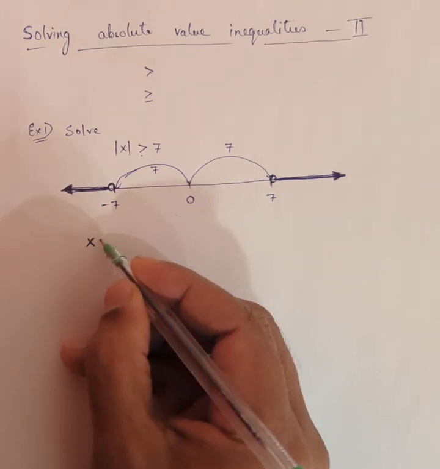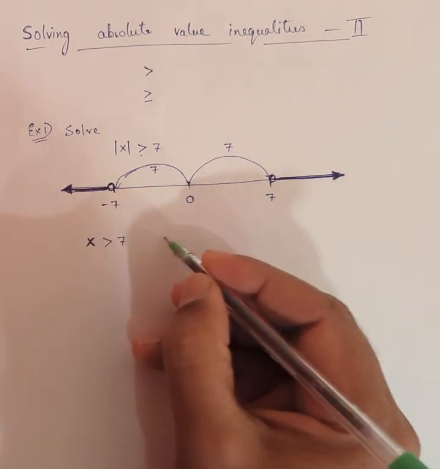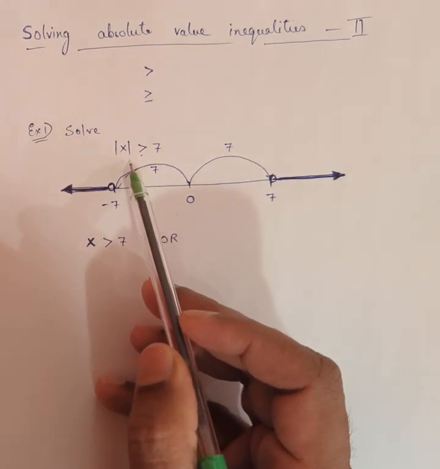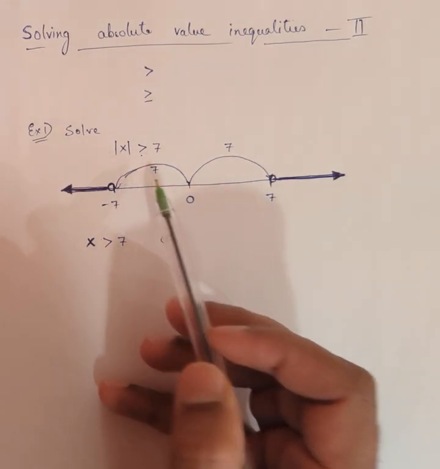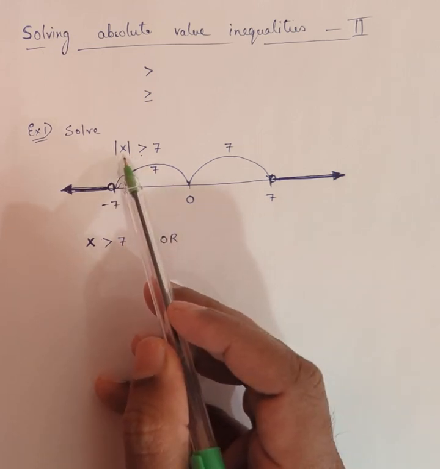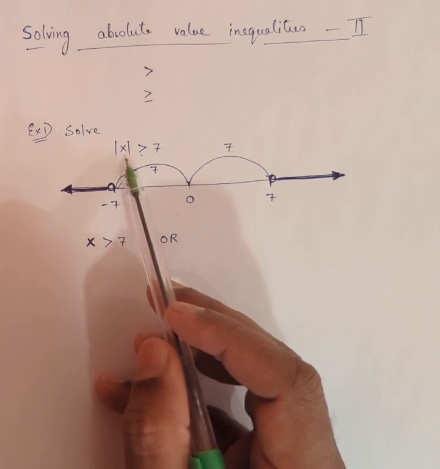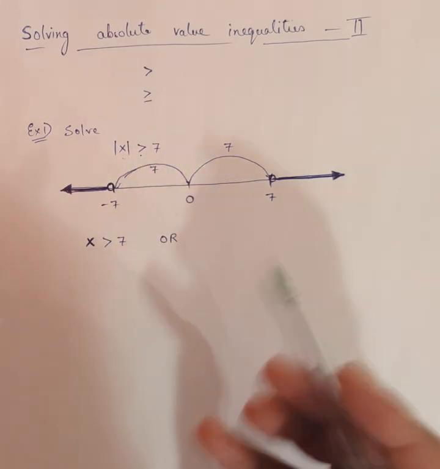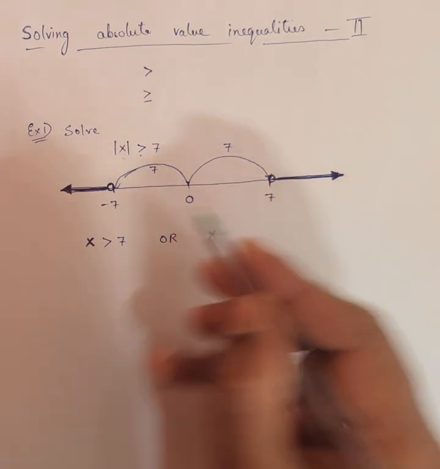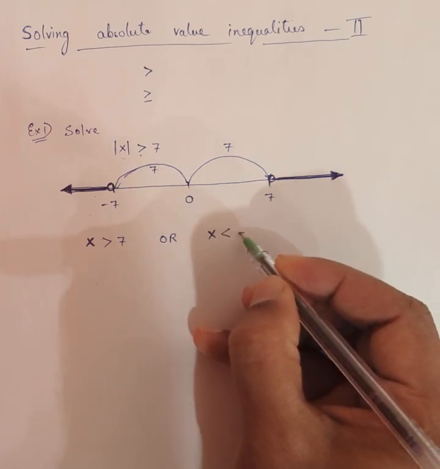The solution is simply x greater than 7 or... so to go from absolute values to the solution, I have two parts. The first part simply won't have the absolute value sign. It would be just x greater than 7, or x less than negative 7.